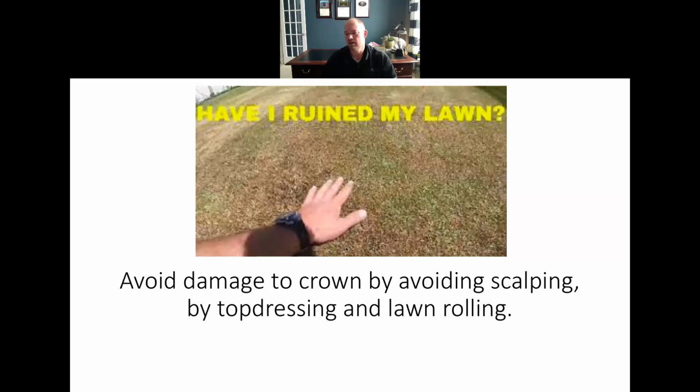So a lot of our surface insects do actually seek out and destroy the crown. And if we do have a problem with some of these insects, unfortunately, this is one where if they get in there and eat the crown of the grass and kill the lawn off that way, that lawn is dead. I'm sorry. It's not going to be resurrected, and you are probably going to have to go in and reseed in that situation.